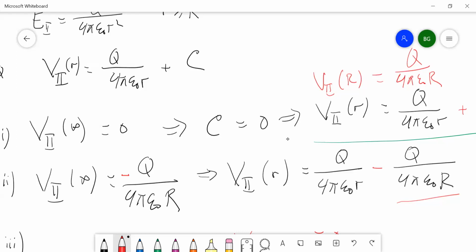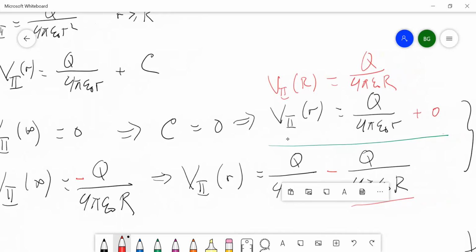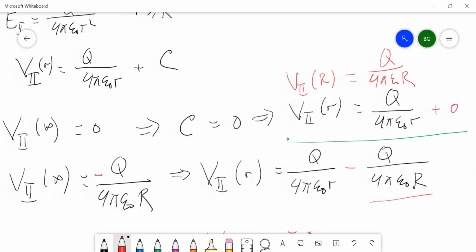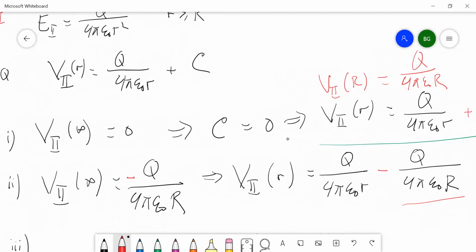So this V2 as a function of R equals Q over 4 pi epsilon 0 R minus Q over 4 pi epsilon 0 capital R. Is that clear, or is there something you want to ask? This is the second example.